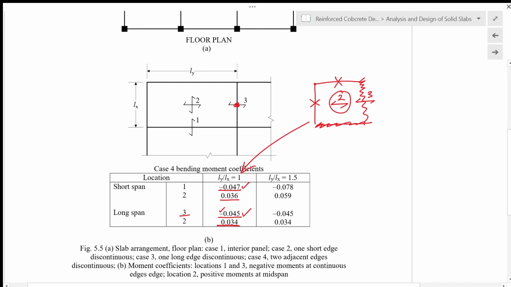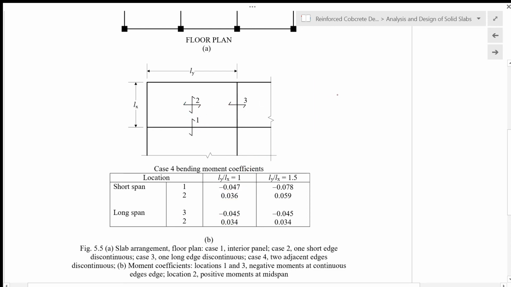Same as for this 0.036, which is supposed to be the same as this 0.034. So for a square slab, the coefficients should be similar for the midspan and similar for the support as well, but they are just due to decimal errors.